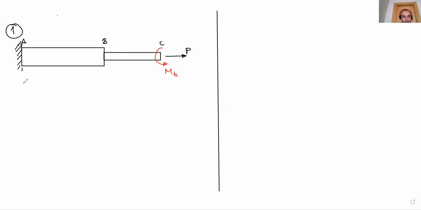And the length of the member AB is 1 meter. And then this portion is 0.6 meter.